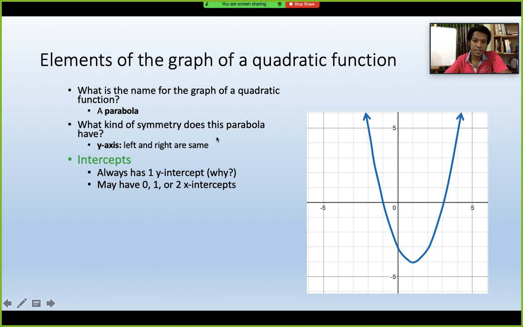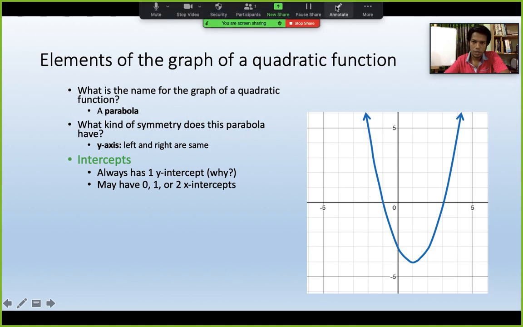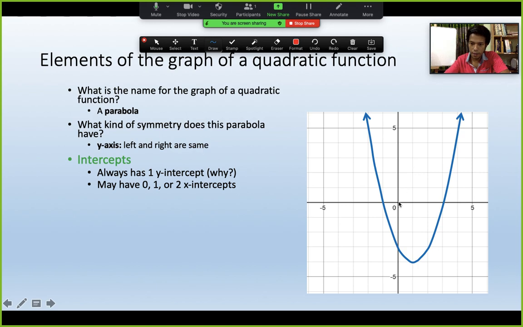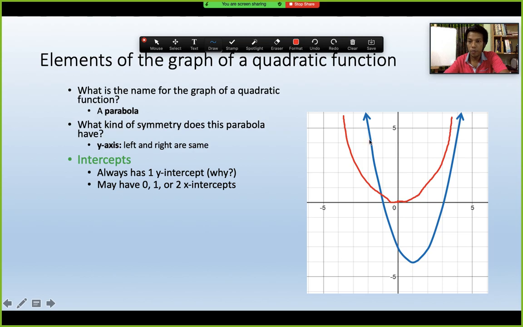What kind of symmetry does the parabola have? If a parabola is here, then it will have y-axis symmetry. But the symmetry line, as you can see, may shift from one place to another. If we draw some standard quadratic function, it will have y-axis symmetry.